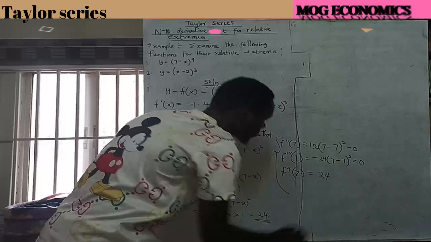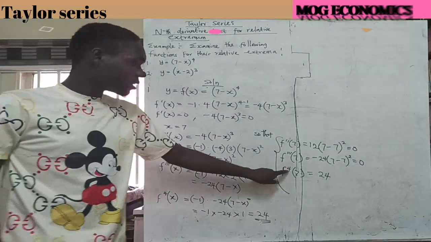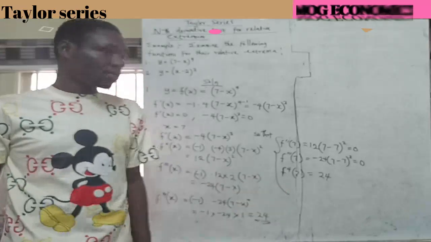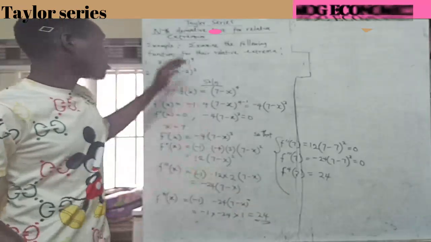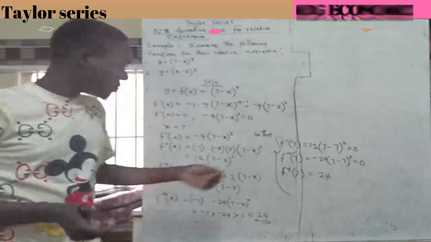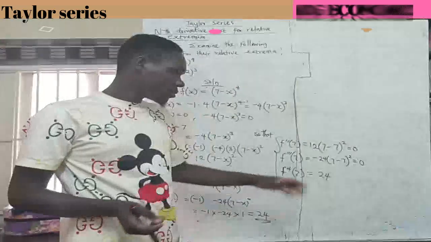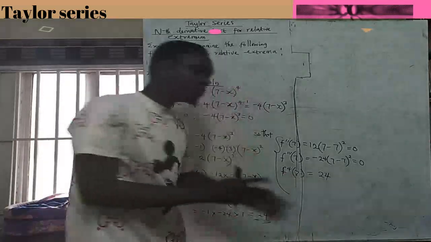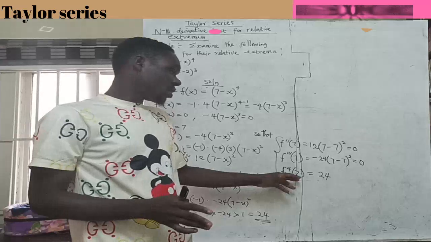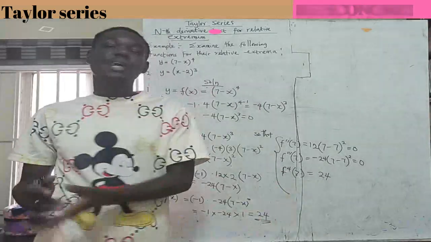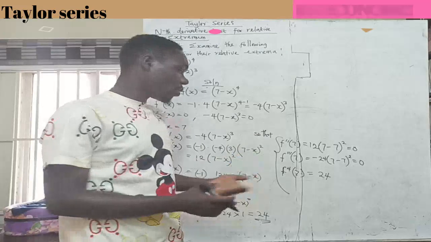This is 24, and the order here in this case is even. Remember the other time when we were looking at those cases, we said that if the order is even and the sign is positive, you can easily decide whether it's a minimum or a maximum.